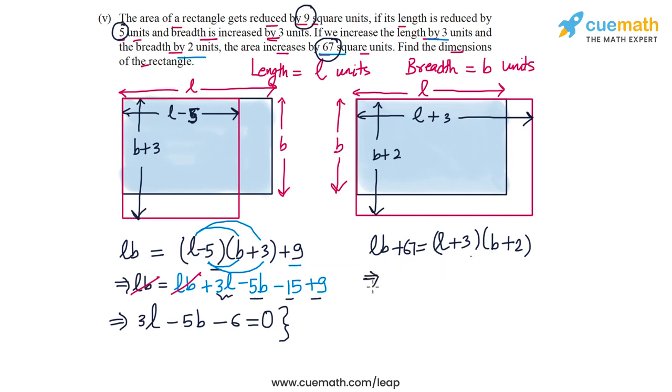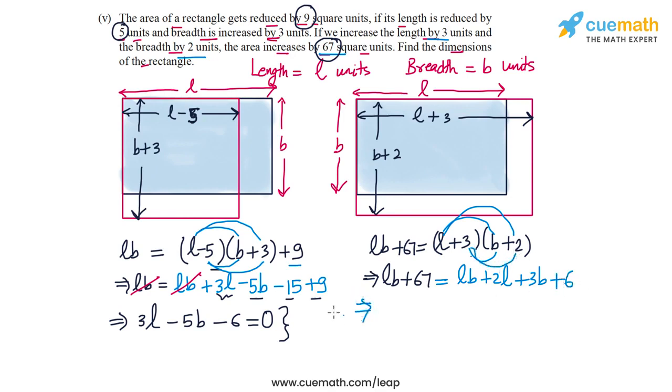Now let's simplify this, and that will give us the second equation in L and B. So we have LB plus 67, and on the right side let's expand this product. So we have L times B, and then we have L times 2, so that's 2L, and then we have 3 times B, so that's 3B, and then we have 3 times 2, so that's 6.